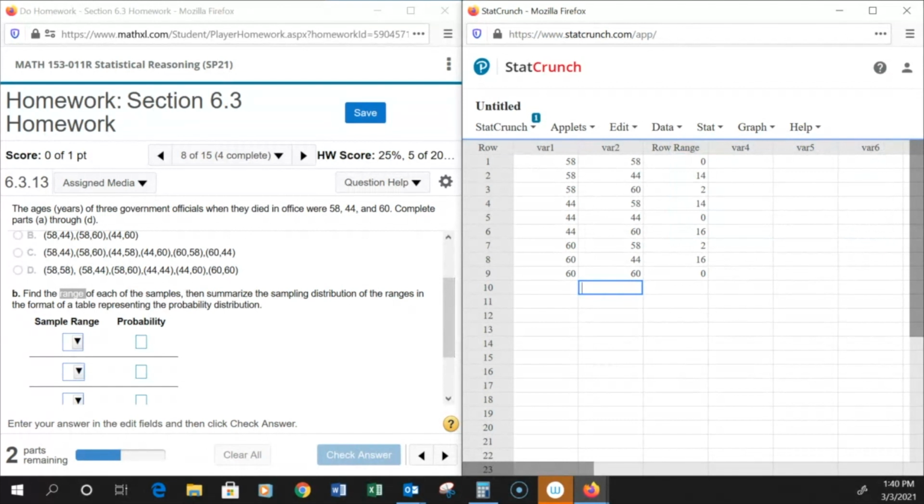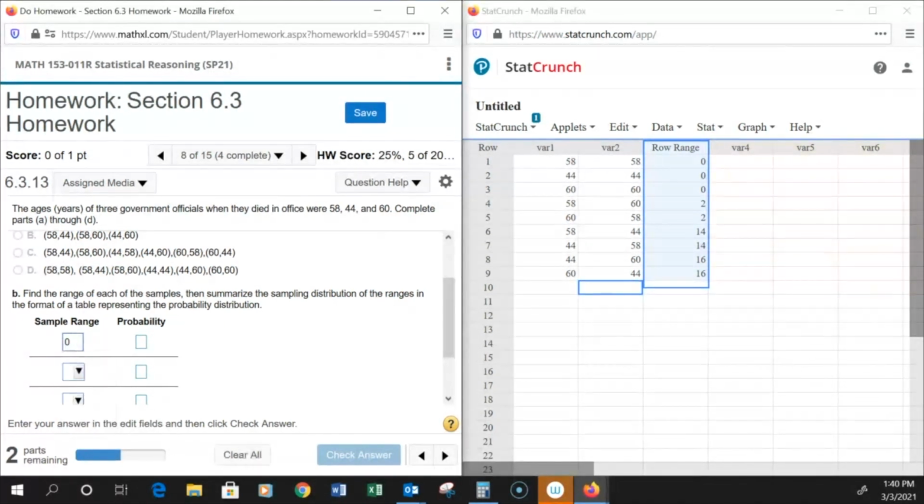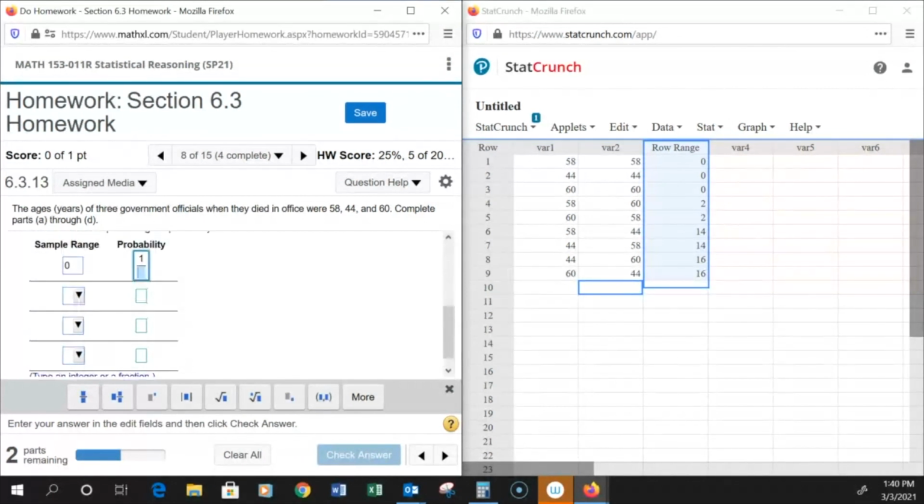We sort them up or down. Yeah, let's sort them up. We'll start with 0. And there are 1, 2, 3 zeros. So we identify the 0, and there are 3 out of 9, which reduces to 1 out of 3. Next value is 2.